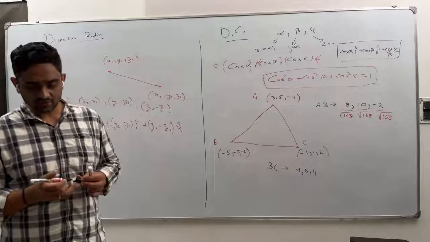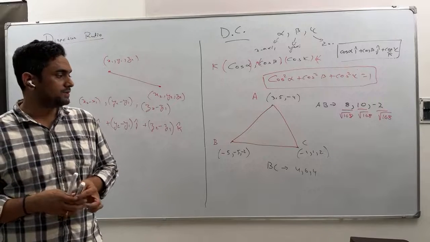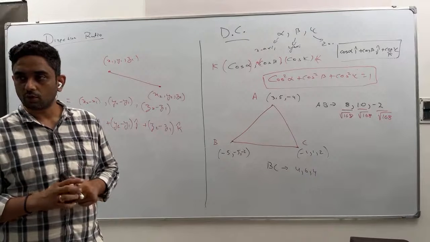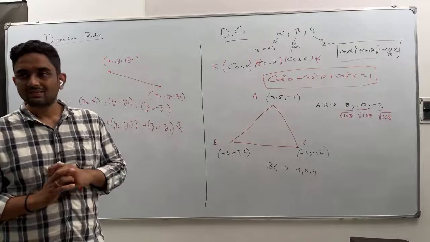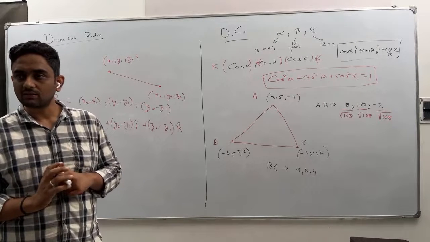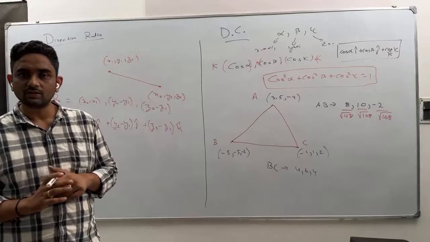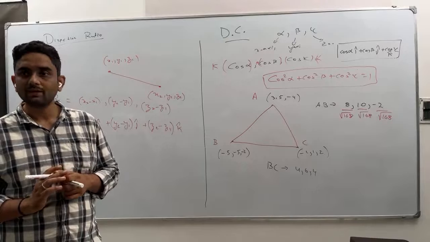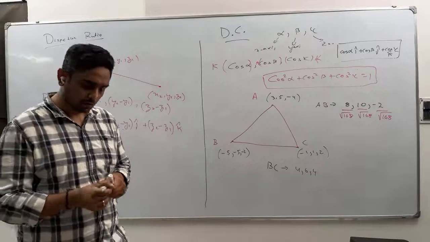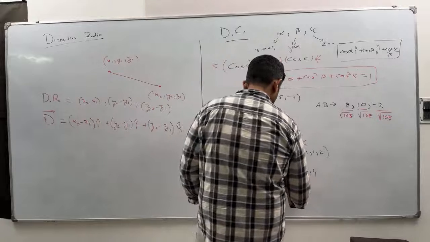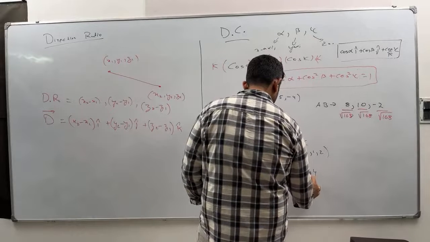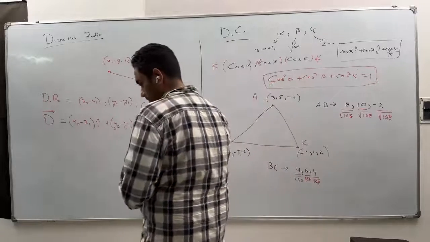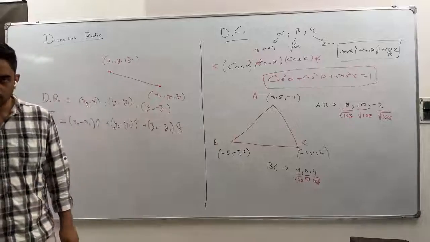Now, what will be the mod of BC? We'll get root over 4 square plus 6 square plus 4 square. 4 square is 16 plus 16, 32, 32 plus 36 is what? It will be 68. So we'll divide by root 68. Okay, so this is what we get.